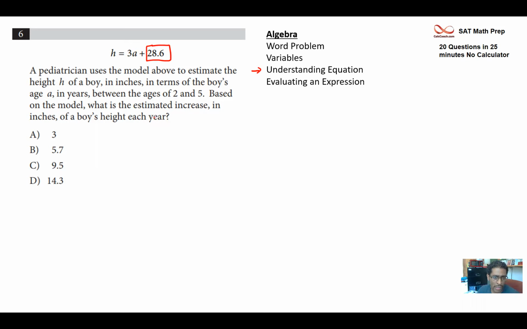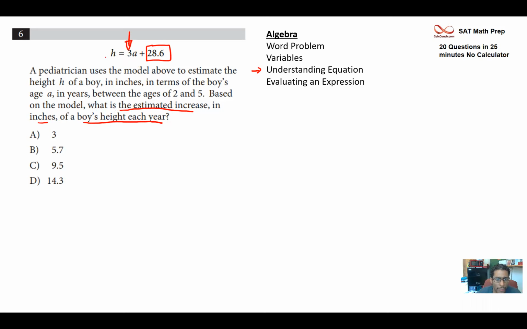And so the estimated increase in inches of a boy's height each year would be the 3. They don't want you to plug 3 in. 3 plugged in is a bait answer. I don't even see that answer actually.